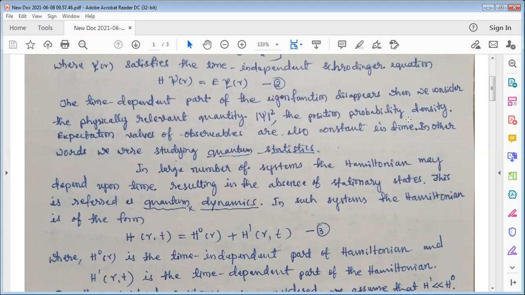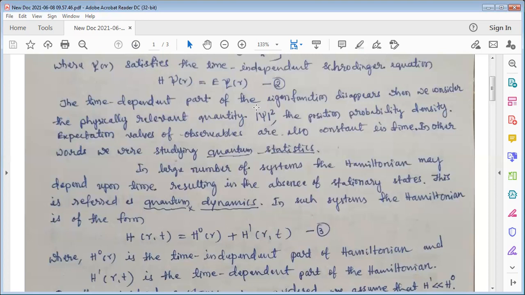That means when you are studying the time independent Hamiltonian of a system, and you are concentrating on the position of the system, then you are actually neglecting the time dependent properties of that particular system.